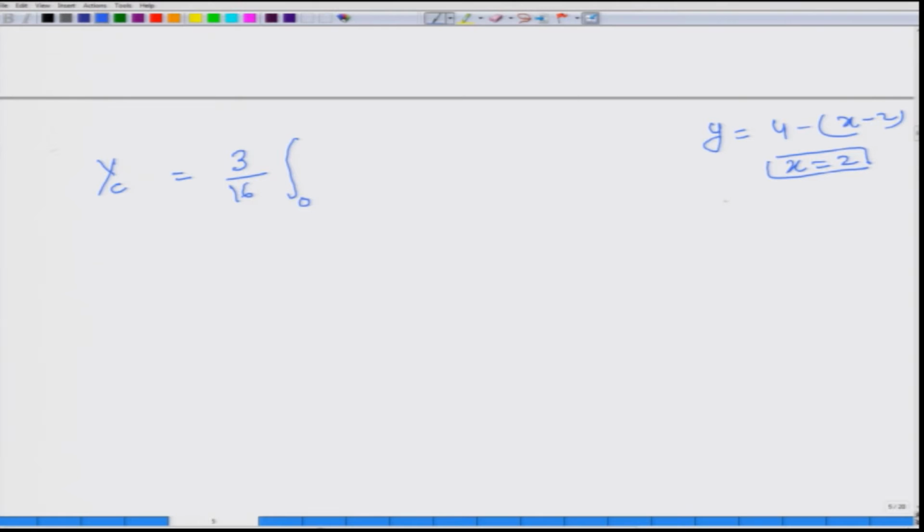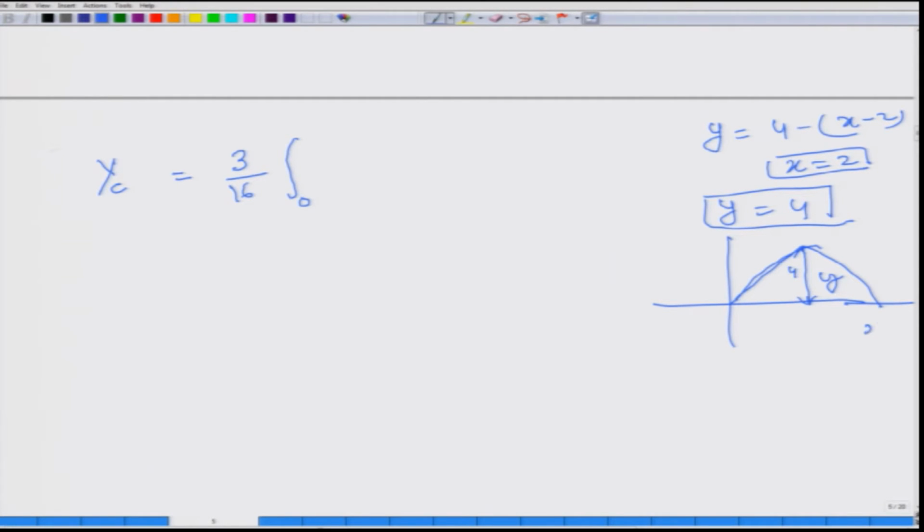When x equal to 2, then y equal to 4. This is the maximum value of y. So, this is just this point actually. This point, this is 4, right. So, we will integrate from 0 to 4 y root 4 minus y into dy.